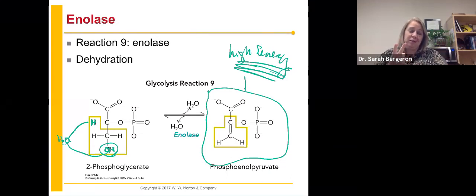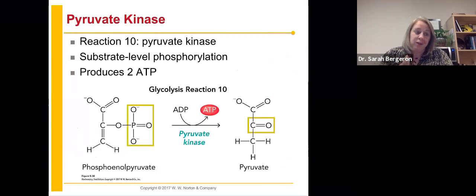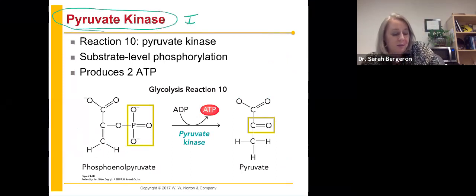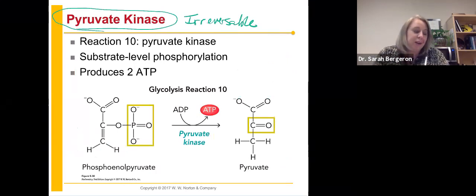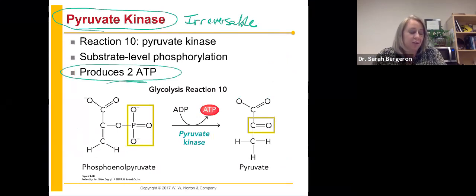So there are 2 places where we do a substrate-level phosphorylation, and this is the second one. This is catalyzed by pyruvate kinase. This is important because this is also irreversible. And so this again produces 2 ATP. This is where our net 2 can come from, because at this point we had broken even.